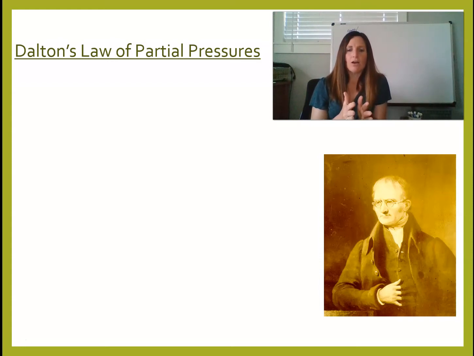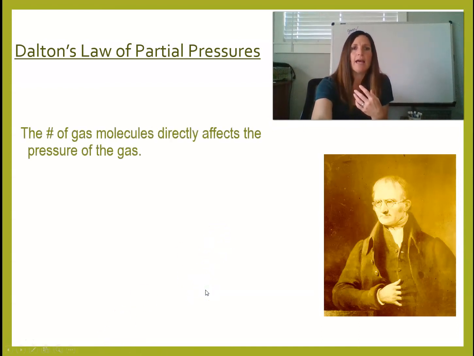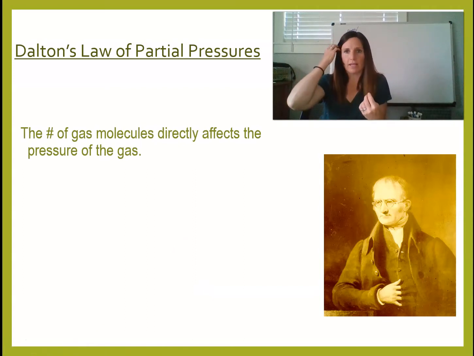In this law, we're going to hold the temperature and the volume constant. We're going to only be relating the number of molecules that are in the container with the amount of pressure that they create. What this means is that Dalton is saying that each molecule directly affects the pressure of the gas.